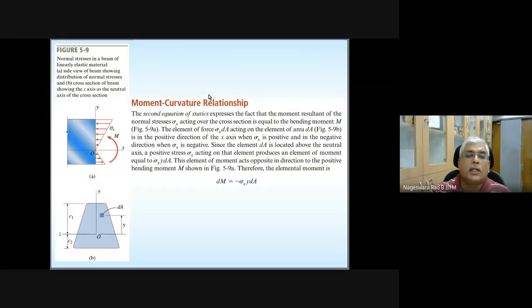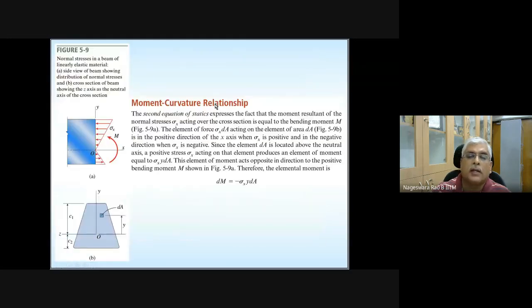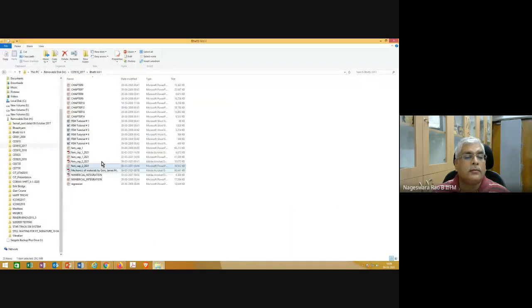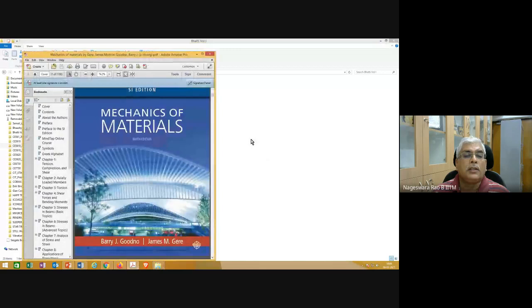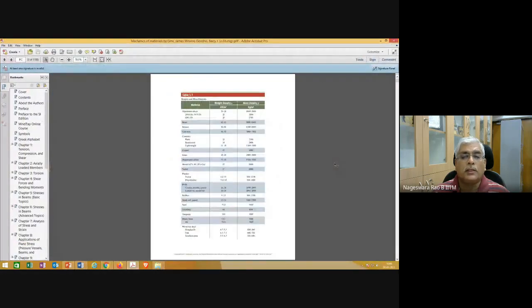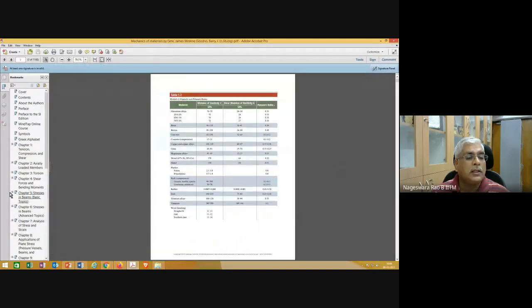And yesterday I was mentioning that to understand all this, you refer to a standard mechanics of materials book. If you go and check a standard book like Gere, James Gere, okay, these are the kind of books you need to follow.